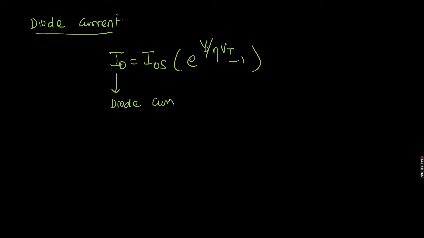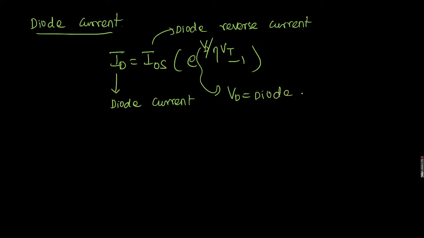Is is the diode reverse current, which will be given in an exam. Vd is the diode voltage. What about eta? That is the ideality factor. That value is 1 for germanium and 2 for silicon.